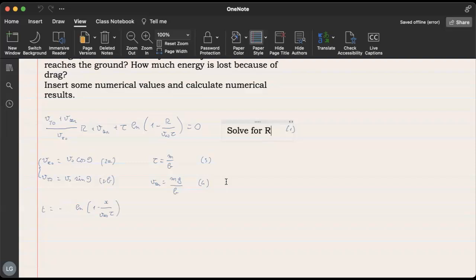So once I say how far my mass has gone in the x direction, I can calculate how long it took the mass to get there. Let's call this equation 5.